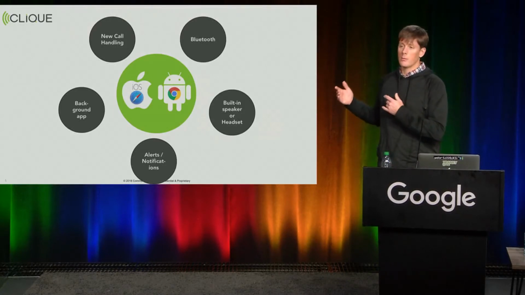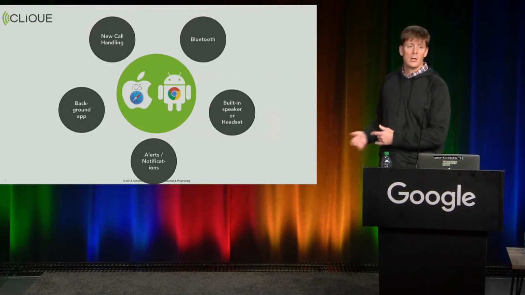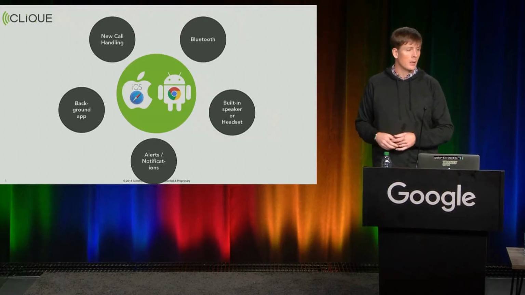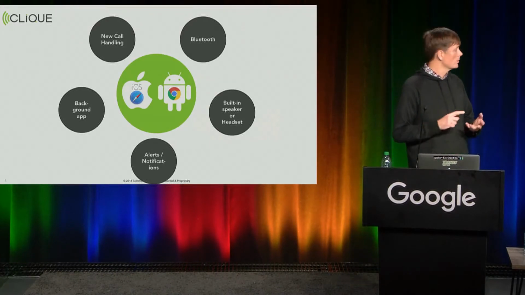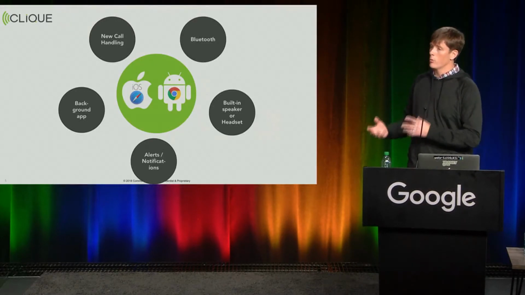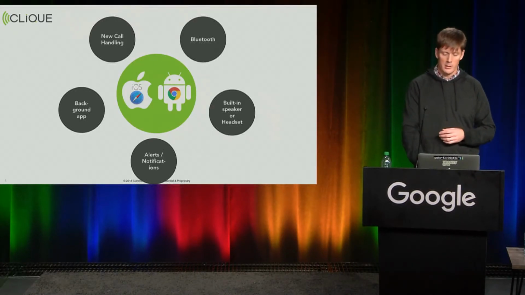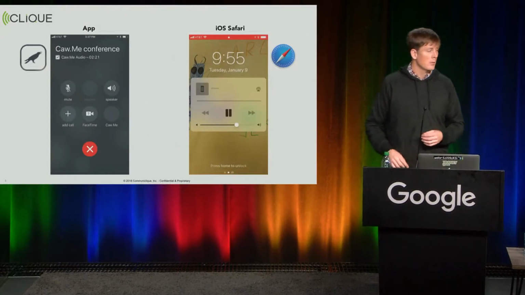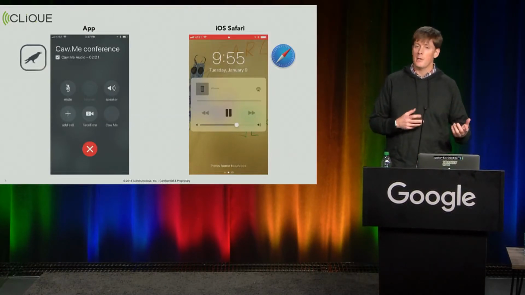And how does it differ from an app-based deployment of WebRTC? Alerts and notifications, as well as speaker and headset implementations, all are nuanced for the devices and the particular platform that they go with. So for example, let's really look at an app-based solution.